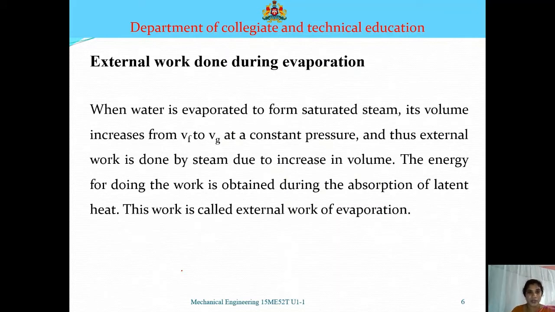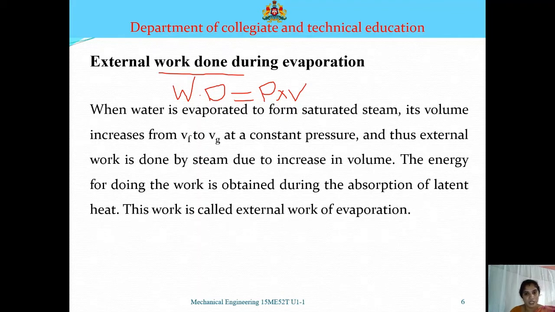Let us move on to the next property of the steam, that is external work done during evaporation. So what is the work done during the evaporation process? If you recall your basic thermodynamics, the work done will be expressed as pressure into change in volume for the constant pressure process.